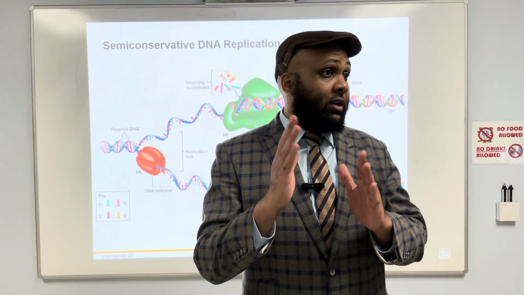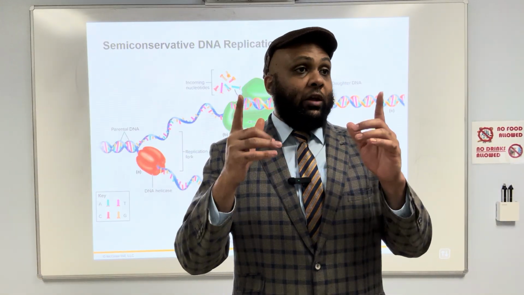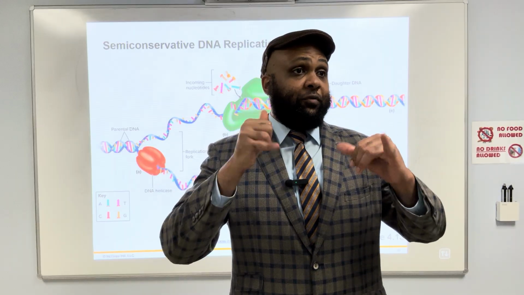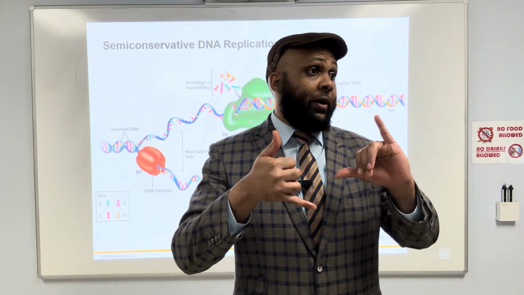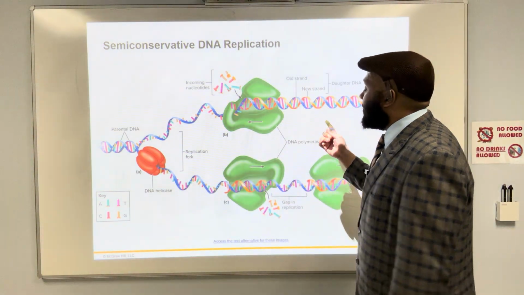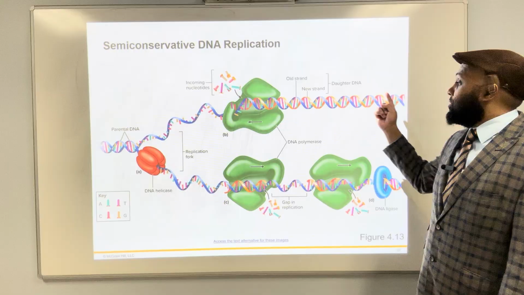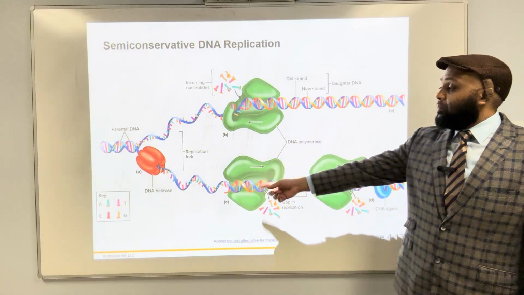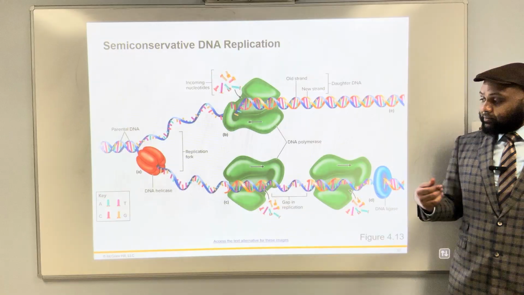We talked about this earlier with the hydrogen bonds between the two strands. And we said that they are anti-parallel, from 5' to 3', and the other side is from 3' to 5'. So if your polymerase is synthesizing in one direction from 5' to 3', the 5' to 3' on the other strand has to be in the opposite direction.